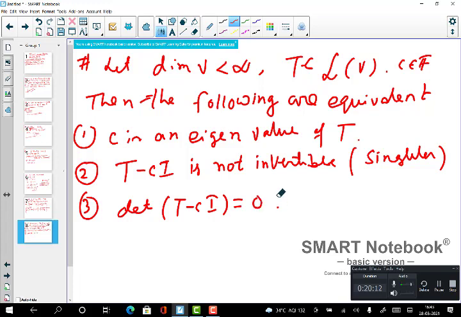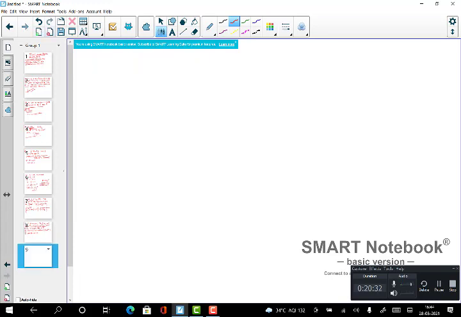That is obvious. 2 implies 3 is obvious, because not invertible means there must be two rows or two columns repeating, and hence the determinant is 0. So how do you do 1 implies 2? That is obvious also.